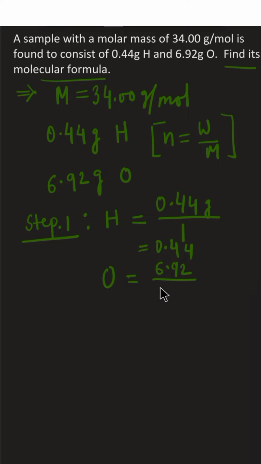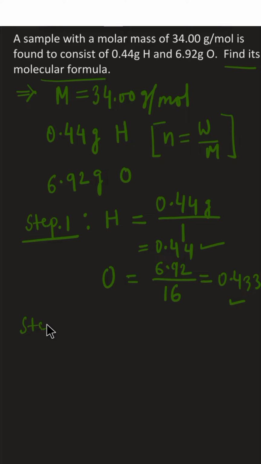And what is the atomic mass of oxygen? 16. If you carry out this division, it will come 0.433. So now we know the number of moles of hydrogen is 0.44, and the number of moles of oxygen is 0.433.